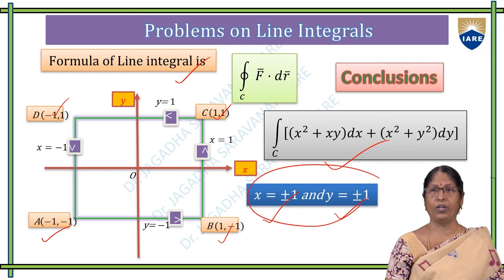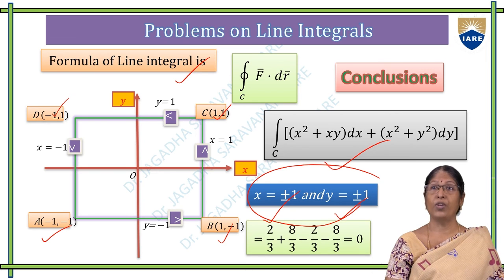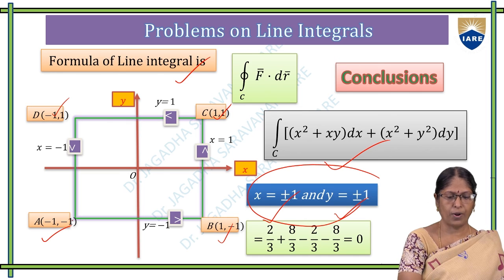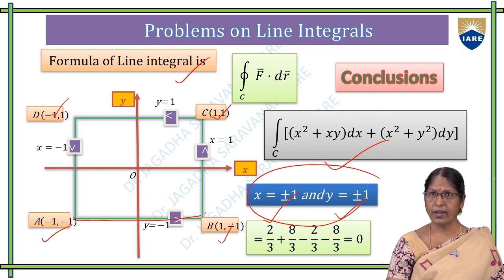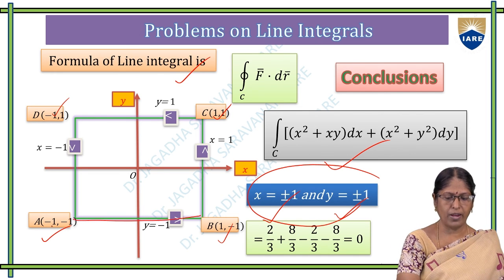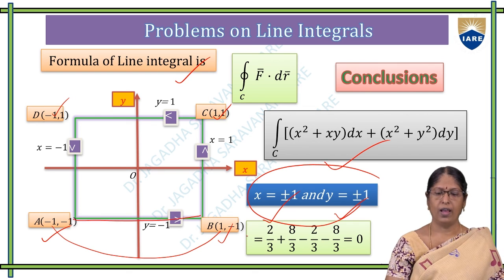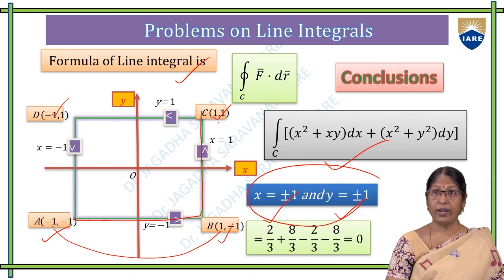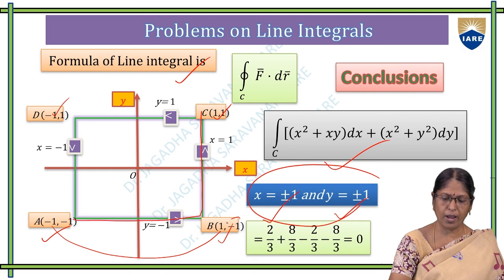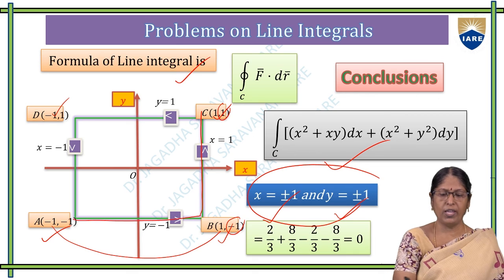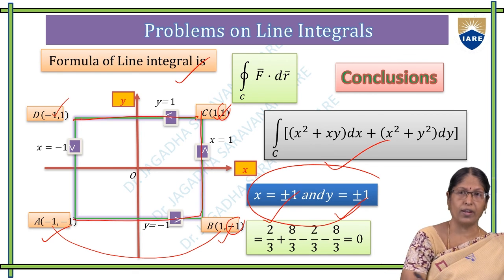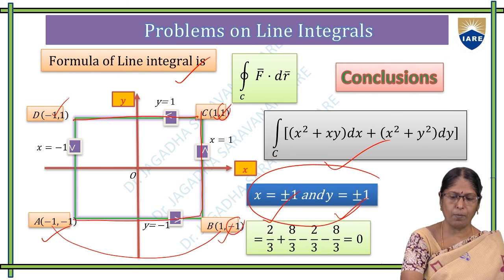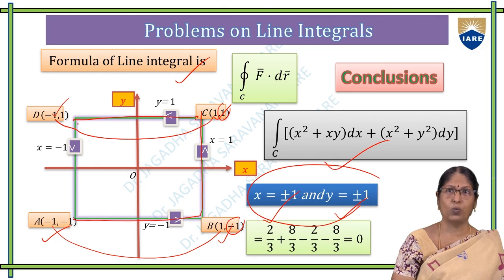That point also we noted, and we obtained the result. From A to B, x direction, minus 1 to 1, and BC y direction, y varies from minus 1 to 1. From C to D, x direction, x varies from 1 to minus 1.